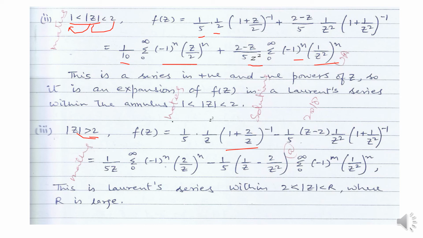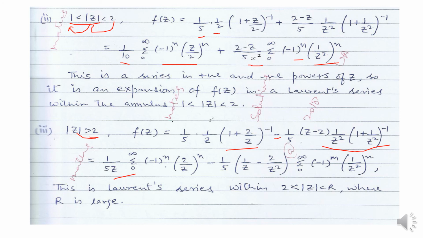Now we can apply binomial expansion, -1/5, this is the term in the function, and here we have z - 2. In this case minus is here, so we write (z - 2)/z², (1 + 1/z²)^(-1). So this again, this part is similar to the second part of this question.